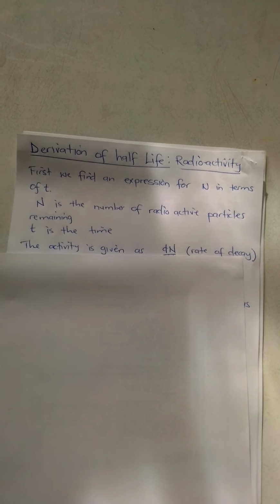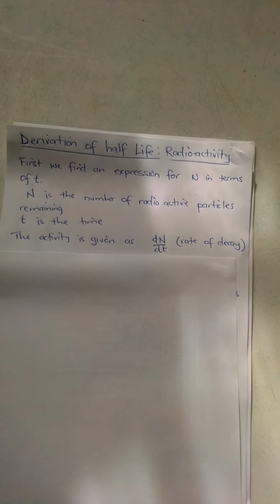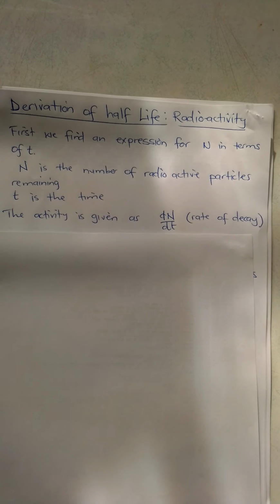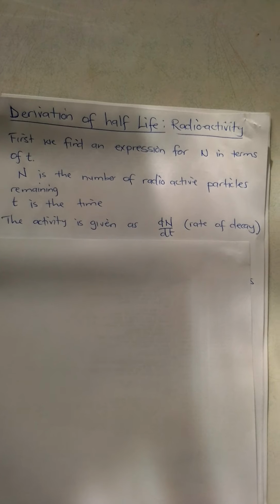N is the number of radioactive particles, and we also have t as time, and the activity is given as dN/dt, which is the rate of decay.